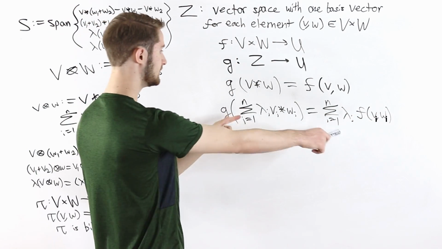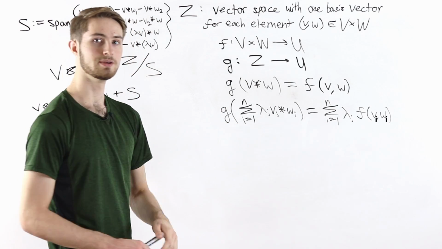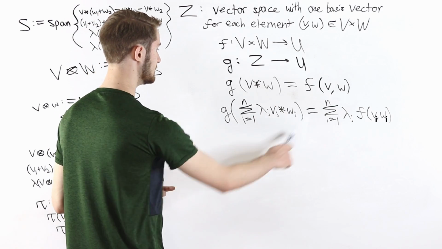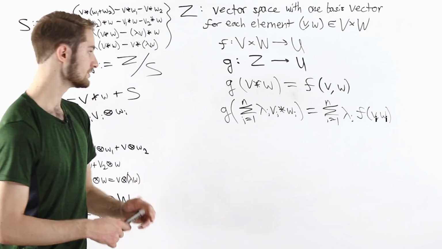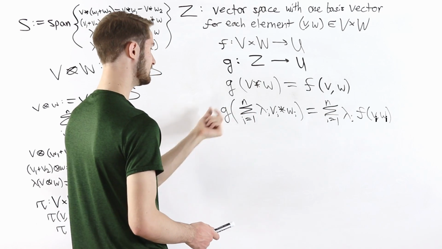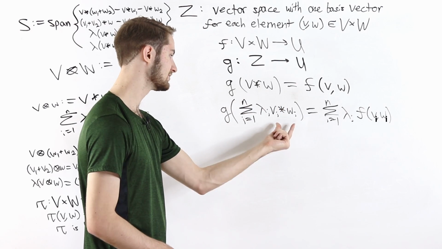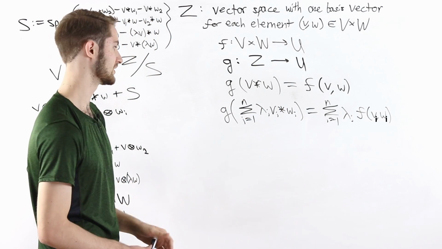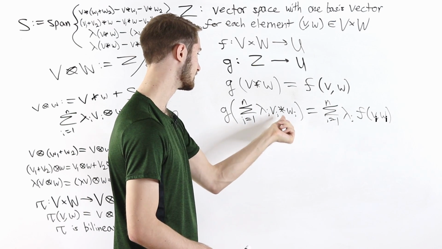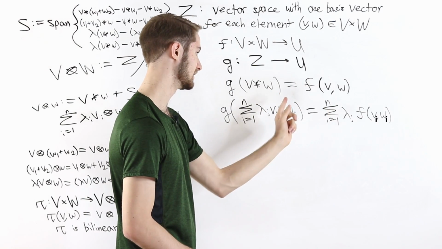So essentially what I'm doing here is saying, let's assume that g is a linear map. And if g is linear, then can we use that to figure out g on this entire sum? Well, the first thing we do is, if g is linear, then g of a sum is the same as the sum of g of each of these. And then g of lambda i times something, we can take the lambda i to the outside as well. So all we're left with on the inside is g of v_i star w_i, and that's f of (v_i, w_i) by this first line.